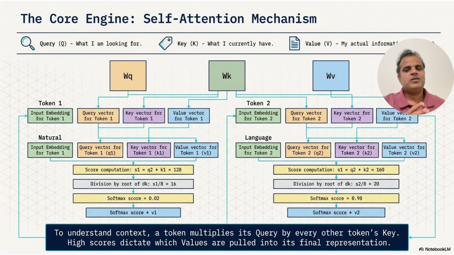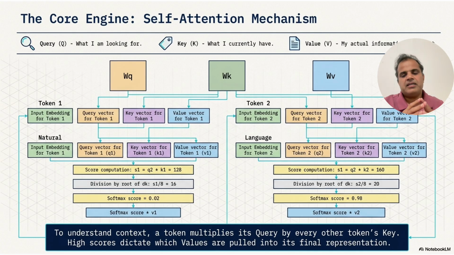Let's dissect the core engine driving the transformer. The self-attention mechanism: for every input token, like natural and language, the model multiplies its embedding by trained weight matrices to create three distinct vectors, a query q, a key k, and a value v.